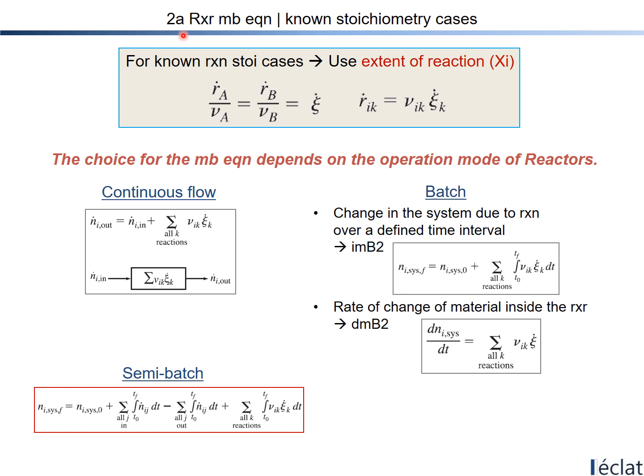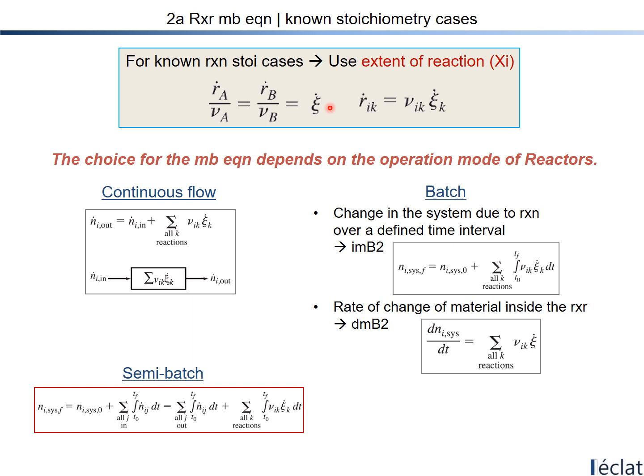Here is subchapter 2A about the reactor material balance equations with known stoichiometry cases. As you know, we should think about the use of the extent of reaction, Xi. The extent of reaction Xi is defined for a single chemical reaction equation.